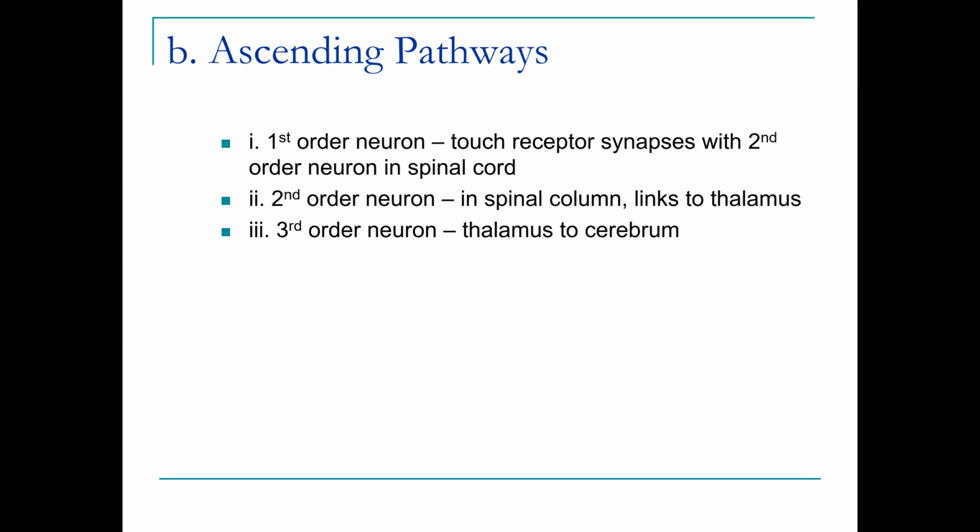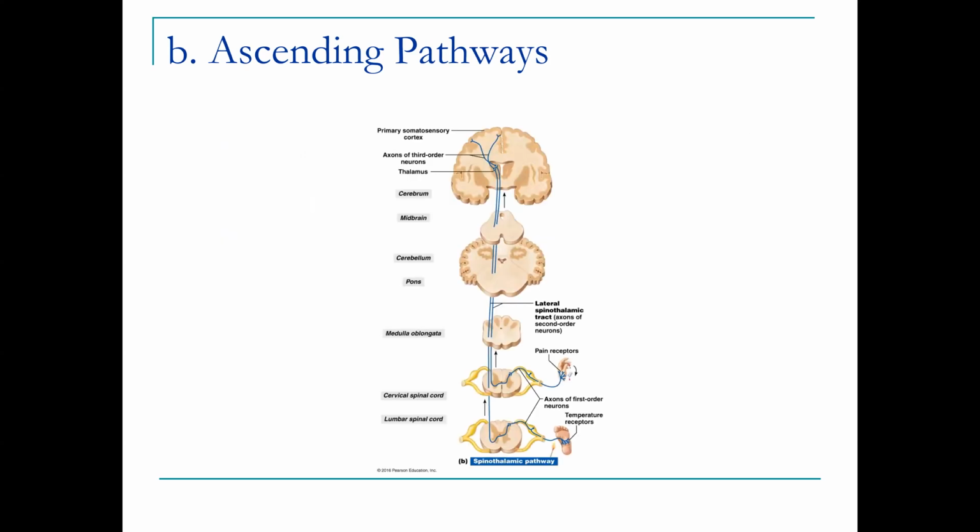The second order neuron is in the spinal column, so it's an interneuron, and it links the first order neuron and takes that link up to the thalamus. Then the third order neuron takes it from the thalamus to the cerebrum. So this is our first order, second order, and third order neuron. This only occurs in ascending pathways.